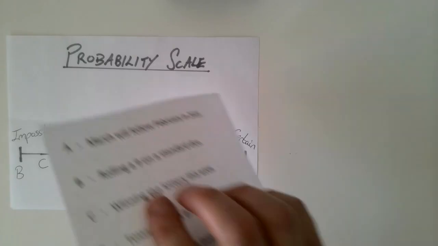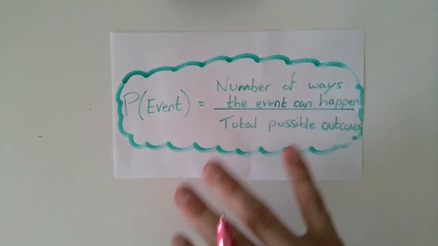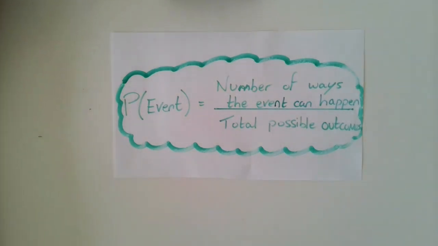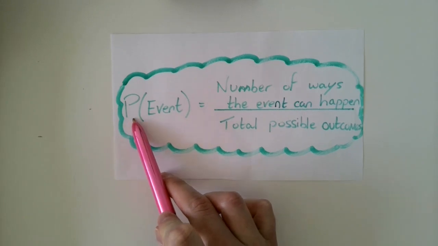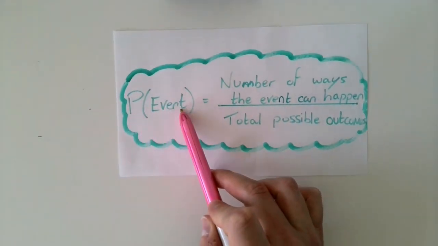Okay, now for the second part of this lesson, we are going to start calculating the probability of some simple events. Before we do one example, I'd like to copy down this little formula that I've got on the table in front of me. This P with event in brackets just means the probability of an event.